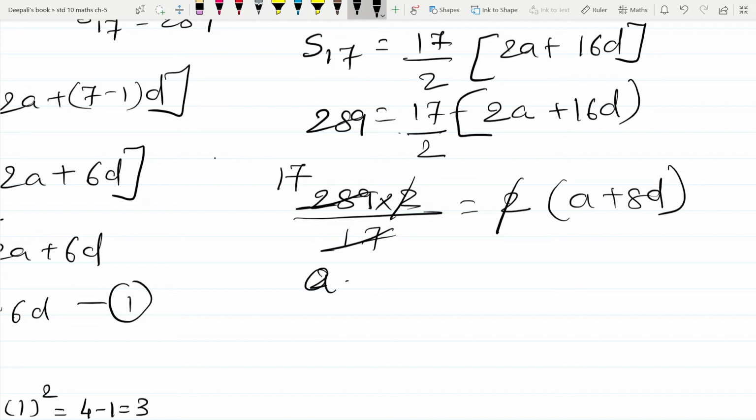So a plus 8d is equal to 17. That is my second equation.